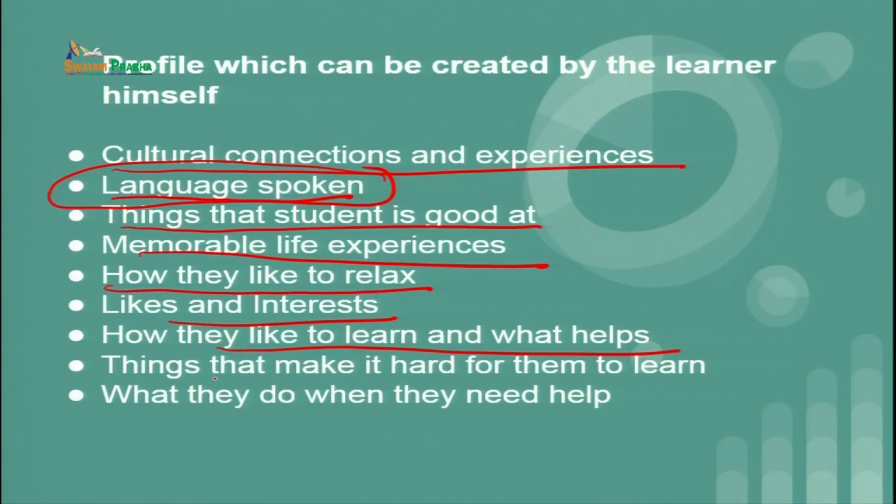So, what you can do is emerge as a person who includes a variety of tasks and activities. In this way you will be able to bridge the gap between people who come with differences of likes and differences of opinions. And the second last point mentioned here is the things that make it hard for them to learn.